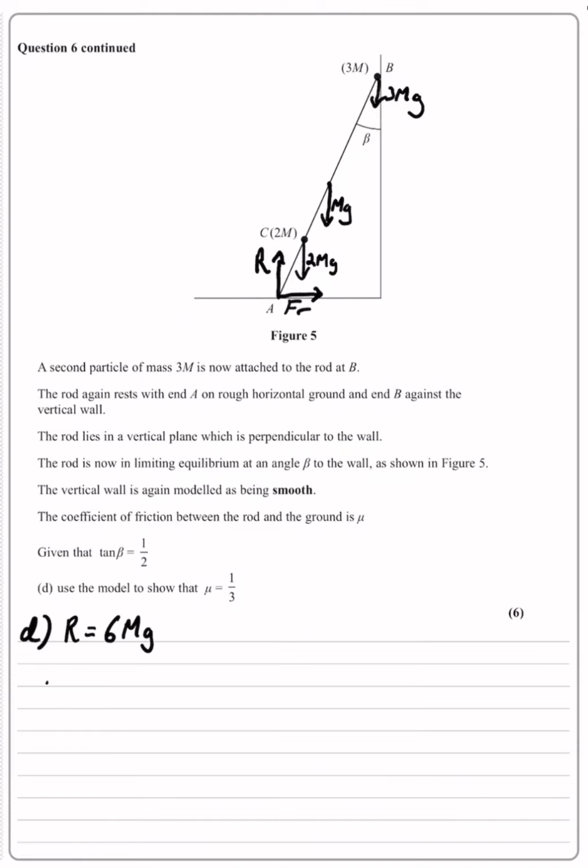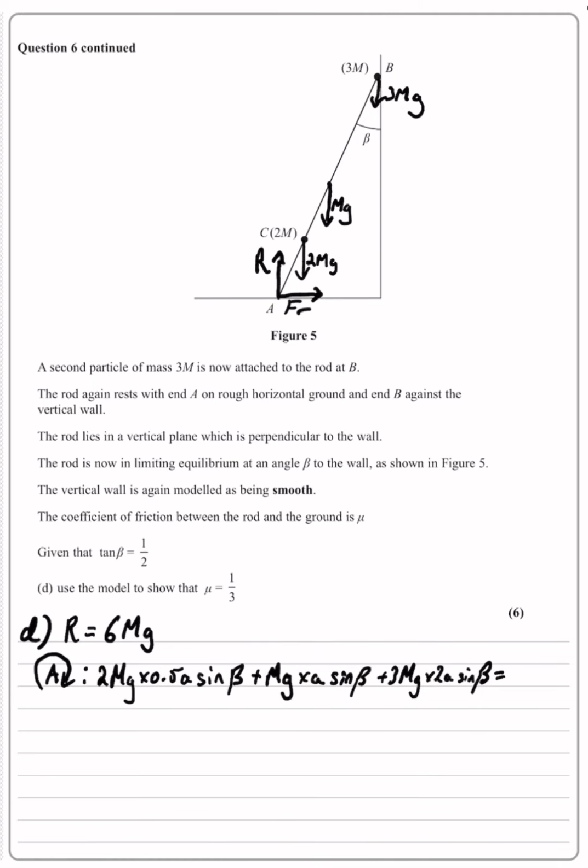And then we'll take moments about A. It's very similar to the previous question, actually just with one extra little bit. So we're now going to have 2mg times 0.5a sine beta, from the mass that's attached there, and then the midpoint of the rod, so mg times a sine beta, plus the new mass that's been attached at the top, so that's 3mg times 2a, it's 2a away from the pivot point, sine beta.